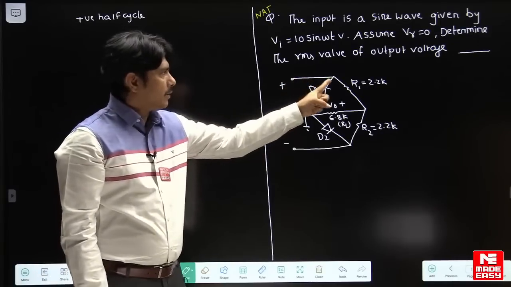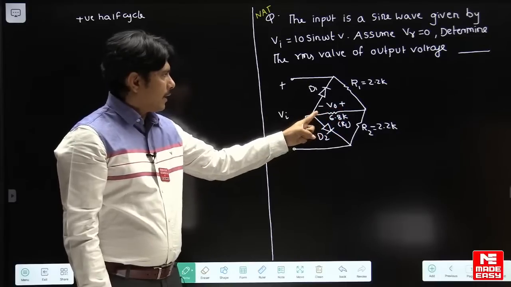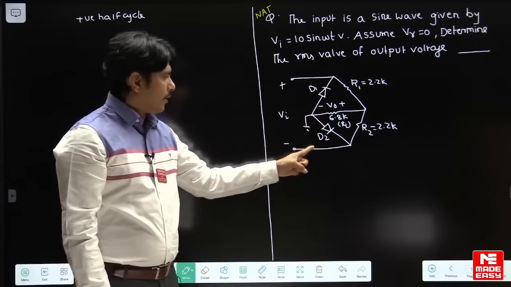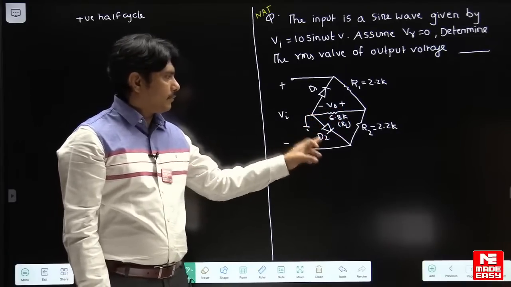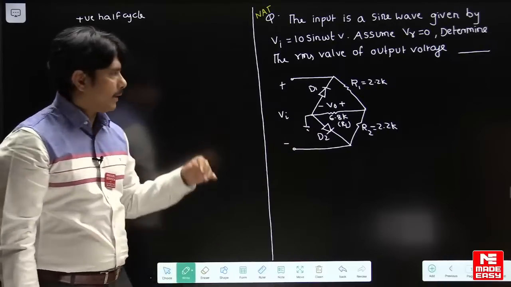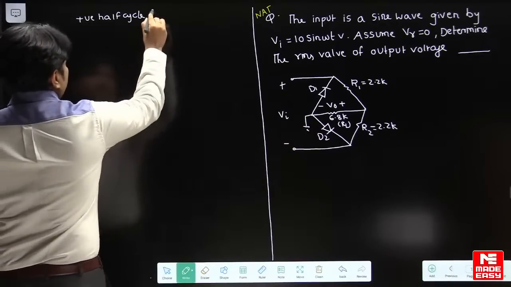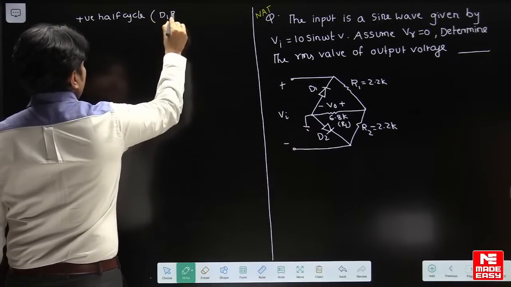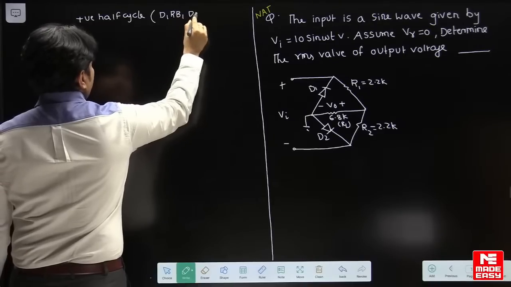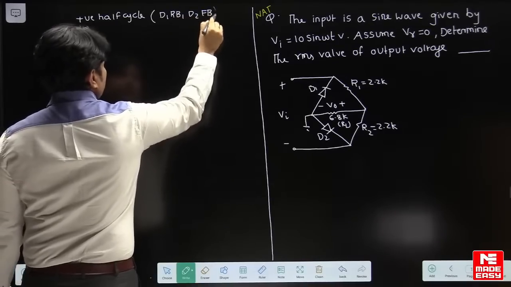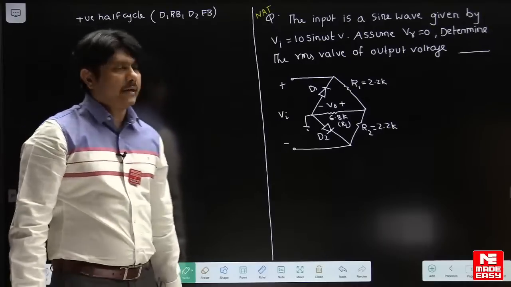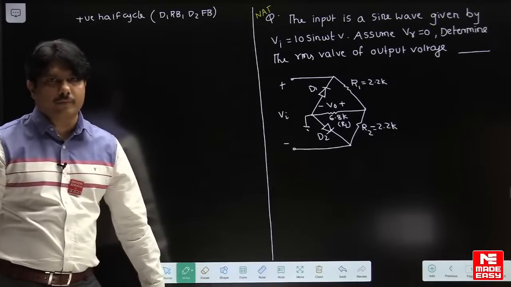The current may come through R1 to D2 in forward to minus. So D2 is forward for the current and D1 is reverse. So simply write D1 as reverse bias and D2 as forward bias. It's very easy to understand the path of the diodes.